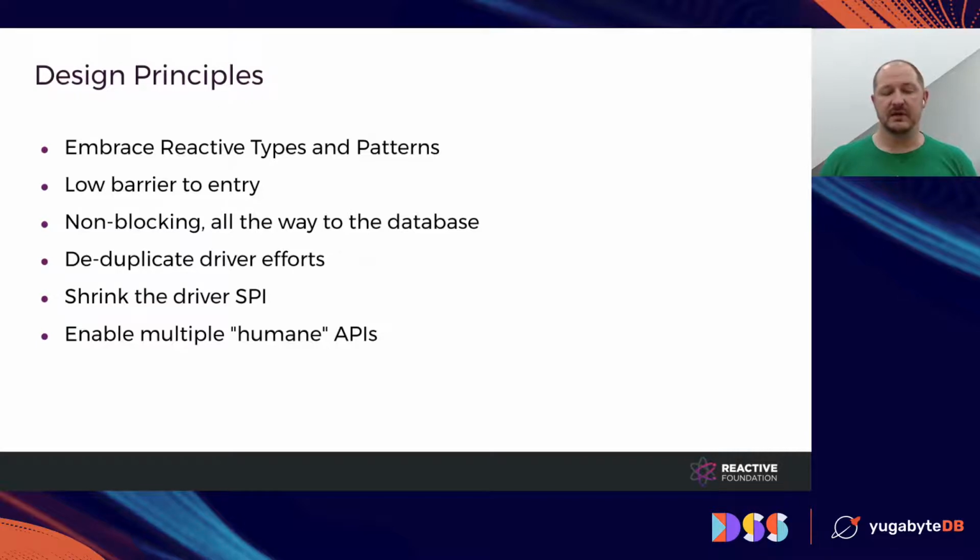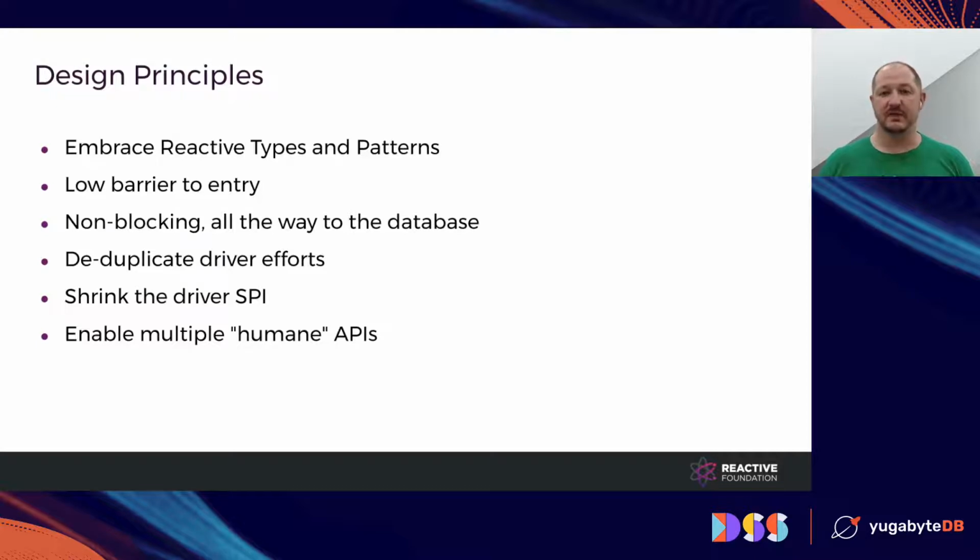See, with R2DBC we are pretty late to the party. Beginning in the early 2000s, JDBC emerged as a standard. And because we are late, we can learn from the things that JDBC went through and try to make things different in order to make lives easier for everybody who wants to provide an R2DBC driver. That comes also with the aspect that we have shrunk down the API surface that is required to be provided by a driver.